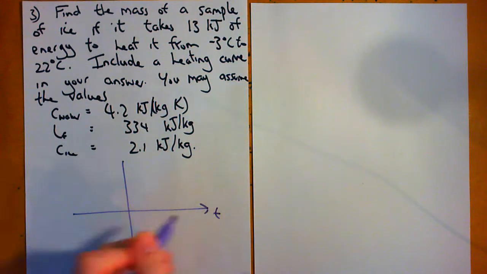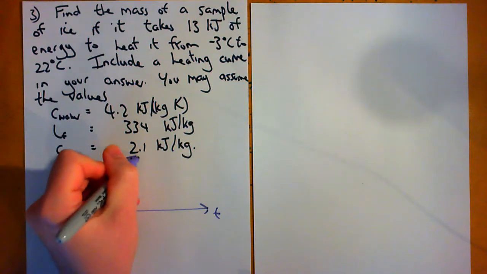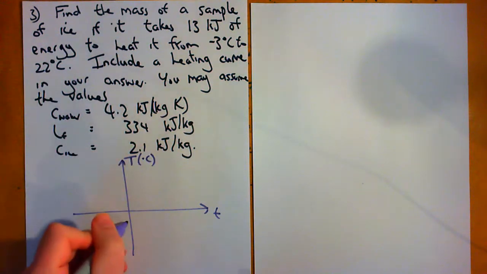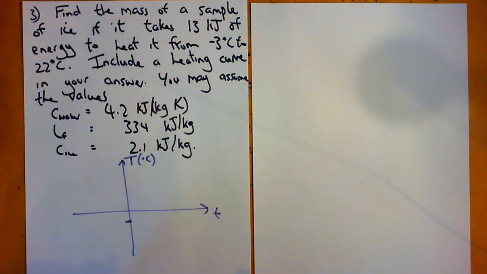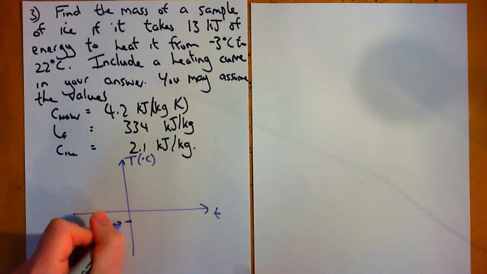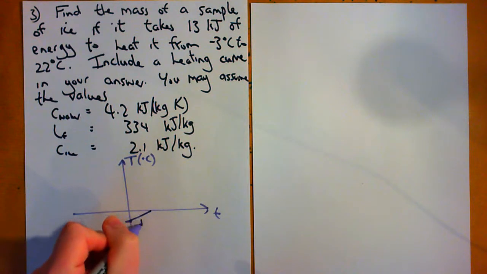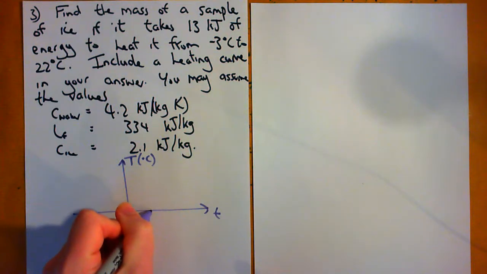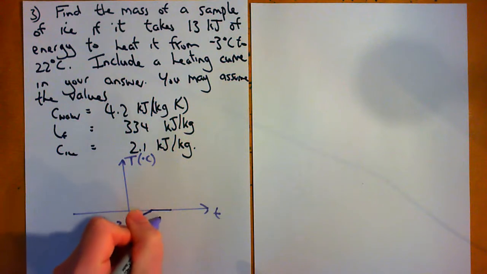So we've got a graph of time against temperature, and our ice begins at a temperature of negative 3. The first stage is where that's going to warm up to a temperature of 0. And then the second stage is, once it's reached a temperature of 0, it will melt.